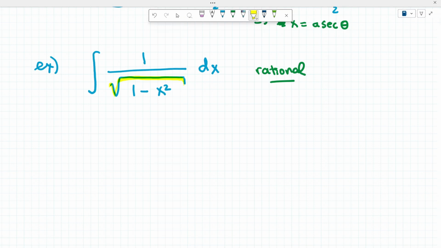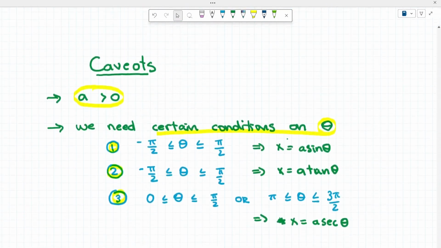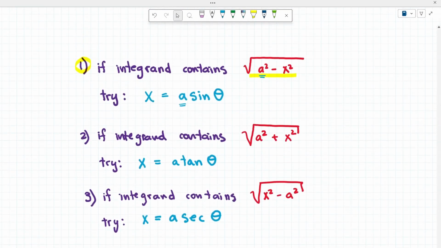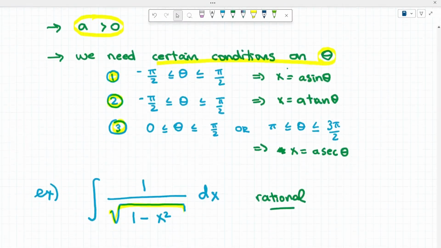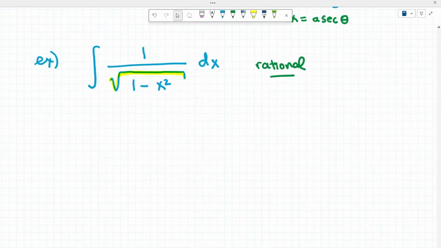However, this is looking pretty similar to some of our earlier substitutions. Let's recall our first substitution, with sine. If we have the square root of a squared minus x squared, we can use this substitution, and that seems to be exactly what we have here.